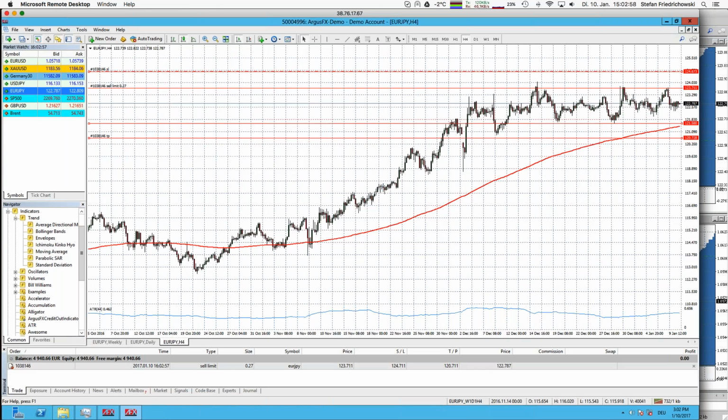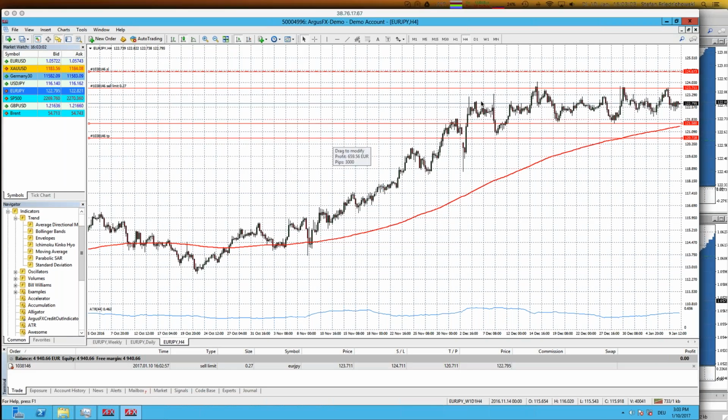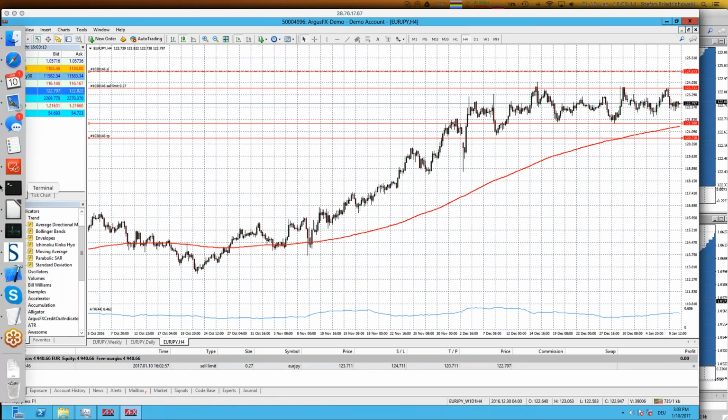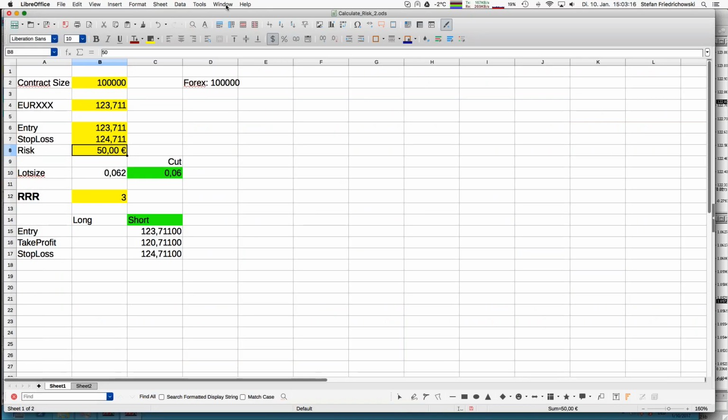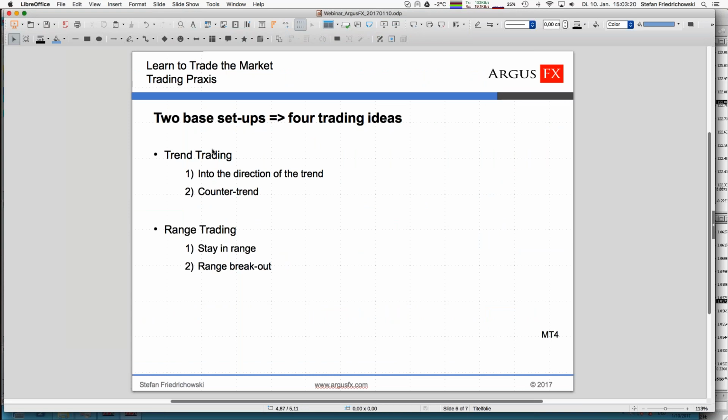So the order is placed. We have a sell limit order now within the market, and we have a stop loss here and a take profit here. Good. So we have placed trade according to the fundamental logic of potential trades, the two base setups.